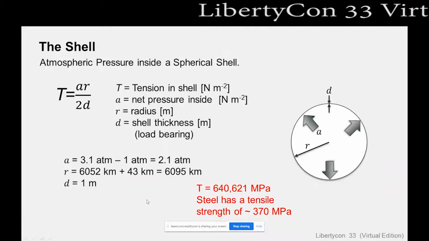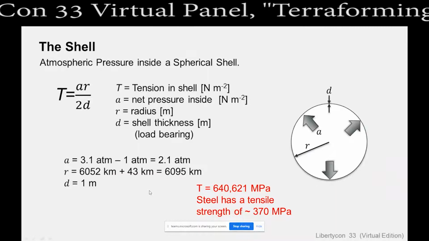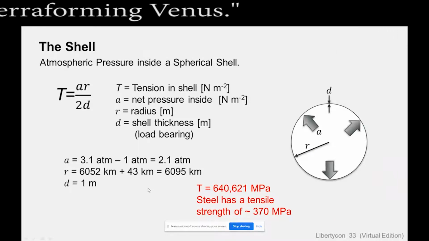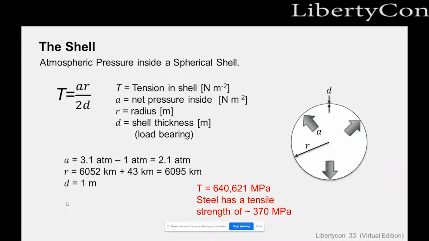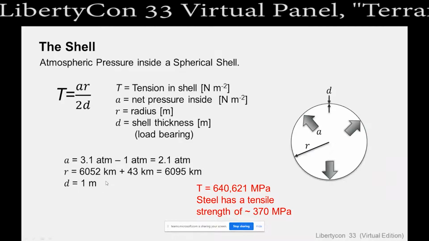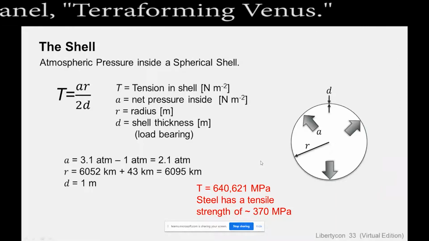I use steel to illustrate the idea. In reality, you could probably use better materials: carbon fiber, graphene, stainless steel, titanium, some combination of the two. But for our purposes, I'm just going to assume we're using 1 meter of steel, and show you what some of the numbers turn out to be.